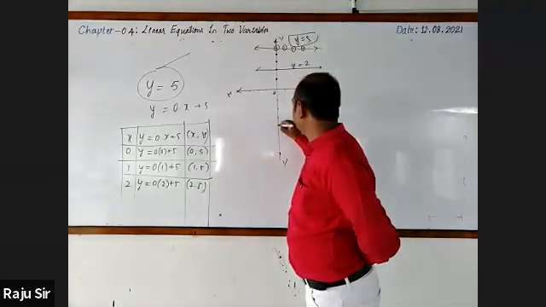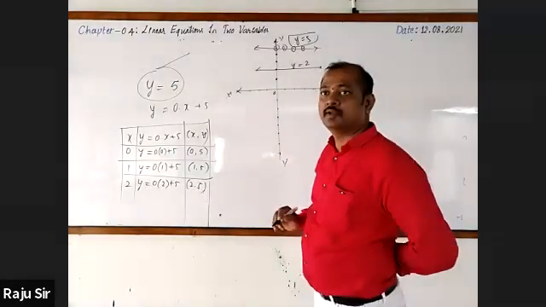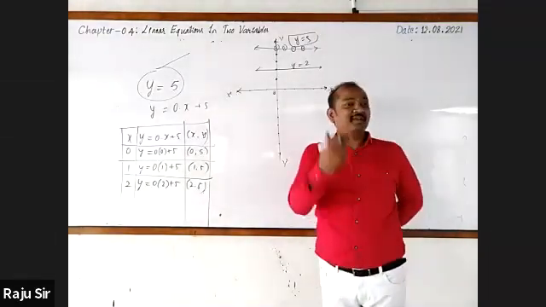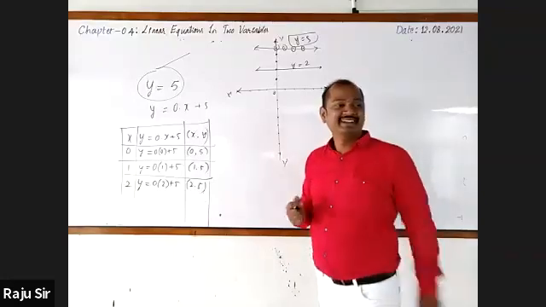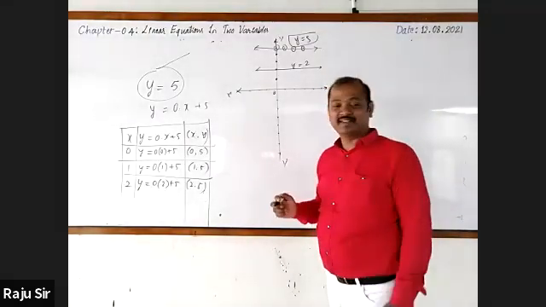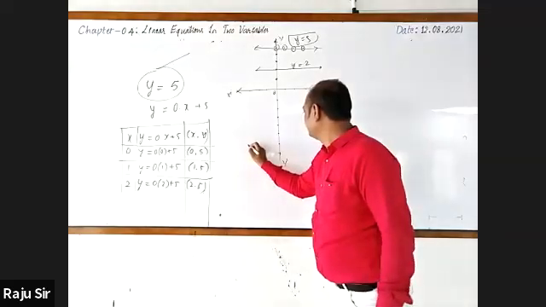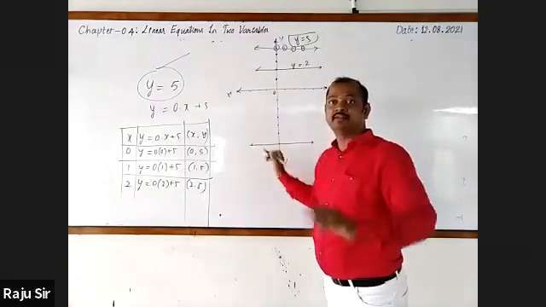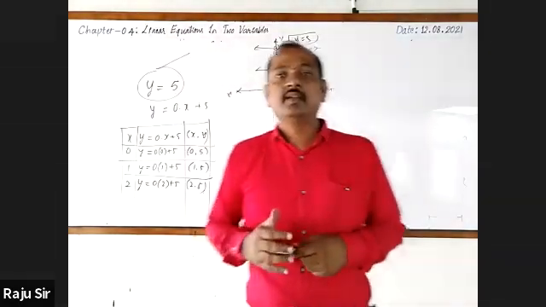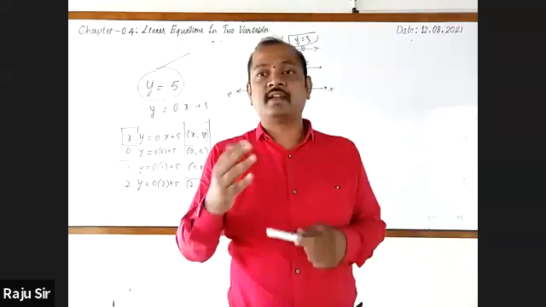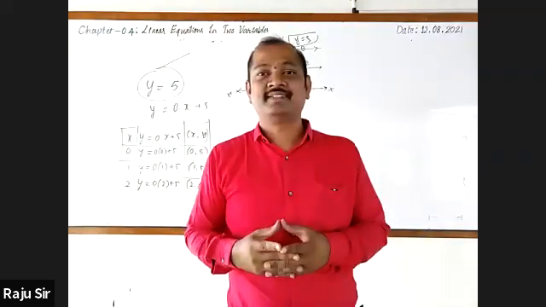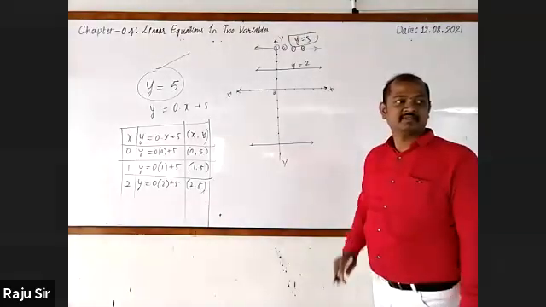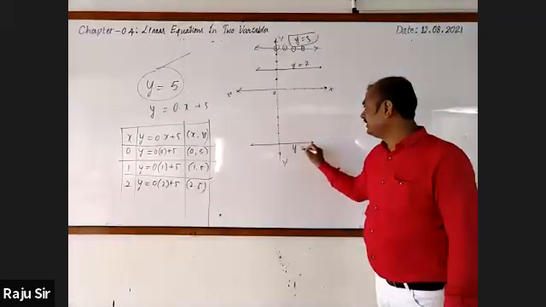1, 2, 3, 4, 5, 6. Y equal to minus 3. I have not drawn the graph. Okay, give Pragati a chance. Pragati, you tell. Y is equal to minus 6.